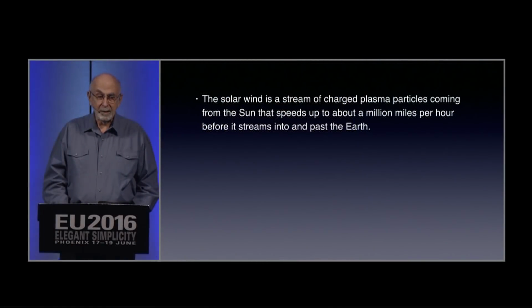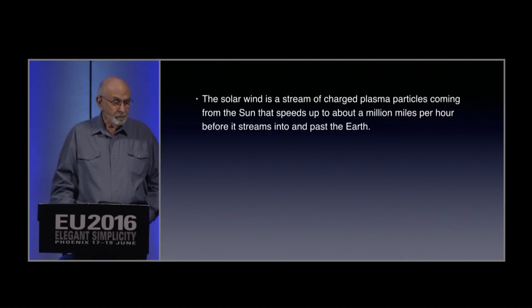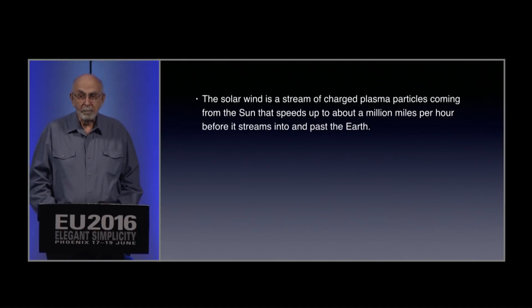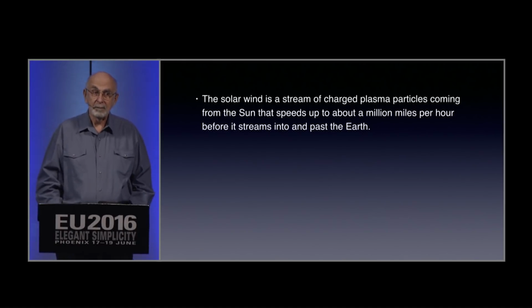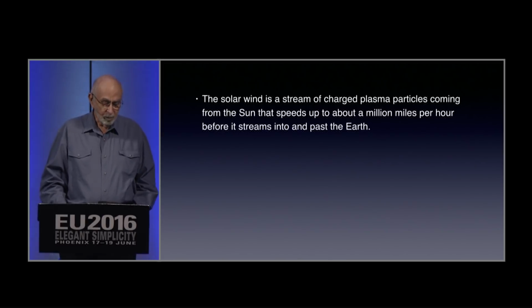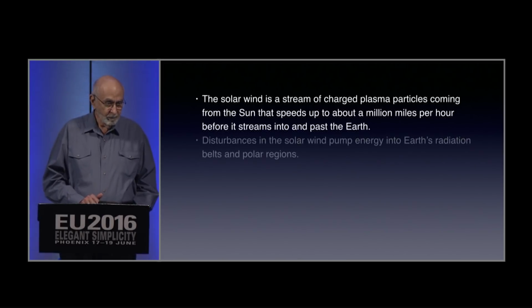One might ask why the solar wind is important, and I think that Ben has done a very good job of talking about why it's important that we know what's coming off of the sun. It's obviously a stream of charged particles that speeds up to about 1 million miles an hour before it streams past the Earth.